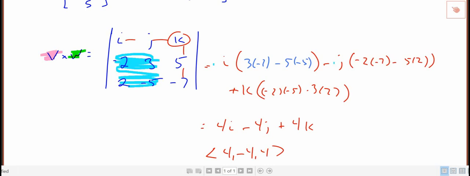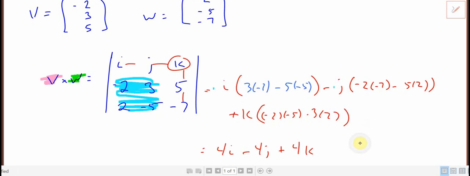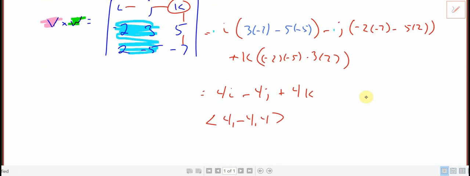Now, one way to check this, and one of the important things about the cross product, is that it is perpendicular to the original vectors. It should be perpendicular to both. So if I did the dot product with this vector, it should be 0.